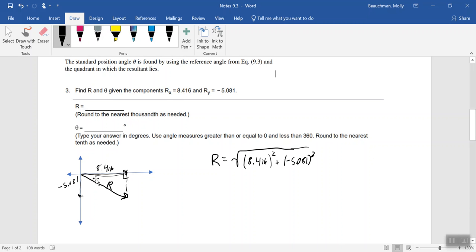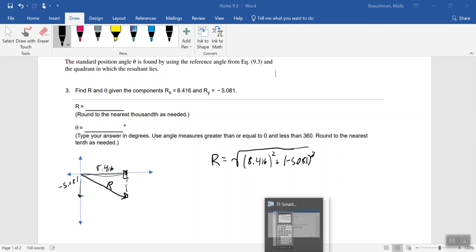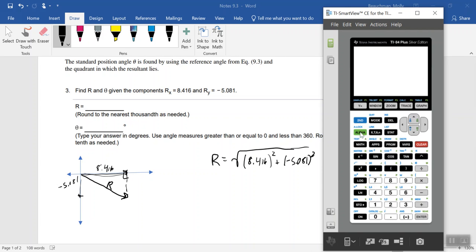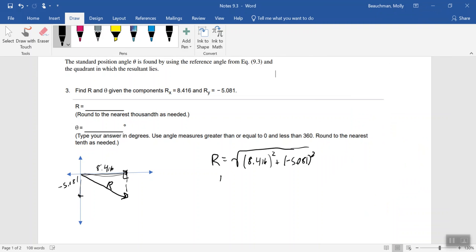So we get the square root of 8.416 squared plus, I'm going to square this so I'm not too worried about the negative sign, 5.081 squared, and I get a length of about 9.83. We want it rounded to the nearest thousandth, that's 3 places, so that's 9.831. That's the magnitude of our vector.